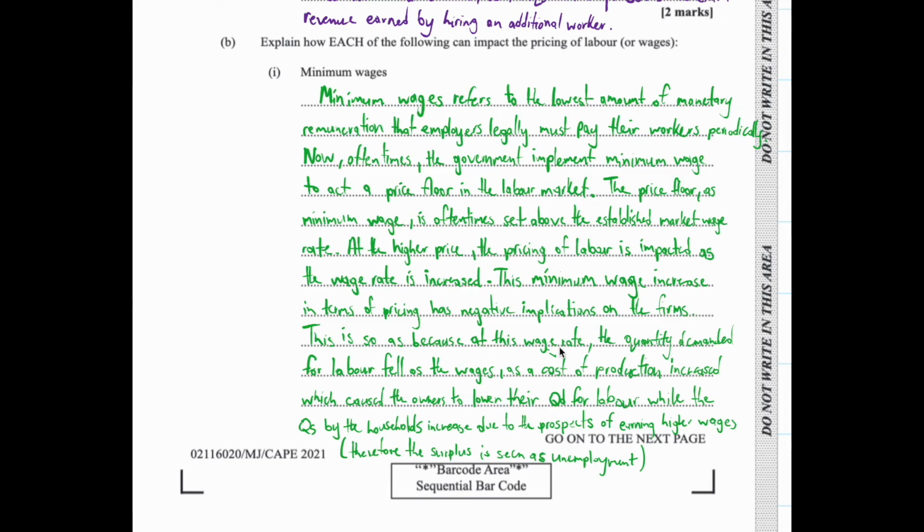So overall that would lead to a surplus, and this surplus would be seen as unemployment because think about it, with the minimum wage actually going above the market equilibrium, that is the point where the producers and the consumers are agreeing that the quantity supplied and demand should be at that same wage rate.